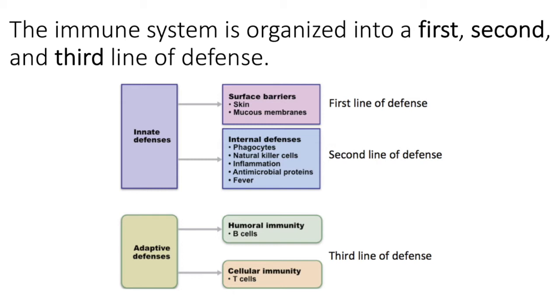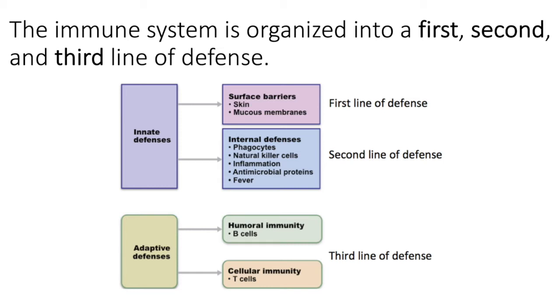Now, the third line of defense is the adaptive defense or the adaptive immune system. The adaptive immune system is composed of lymphocytes, T cells, and B cells that have a specificity to the pathogen.